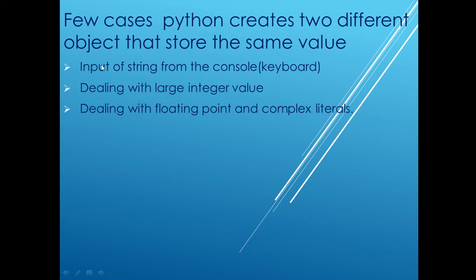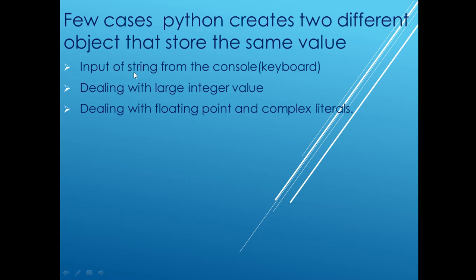Okay, so the first case is input of a string from the console or keyboard. As in the case of S2, we have entered the value with the help of the keyboard. Therefore, the strings are the same in both S1 as well as S2.